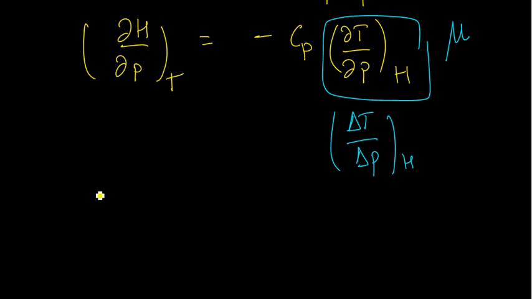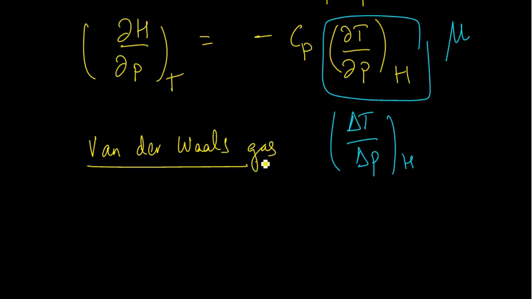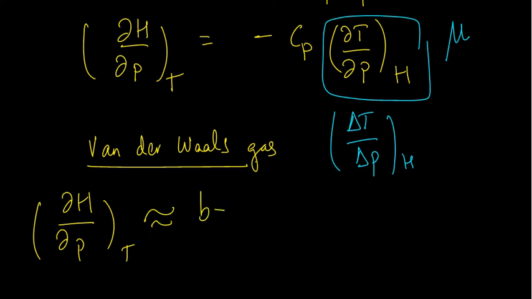So for a van der Waals gas, now I'll give you a starting point, which we'll come to later. Once you have all the mathematical tools in hand, only then you'll be able to come to these things. But this comes out to be B minus A by RT.